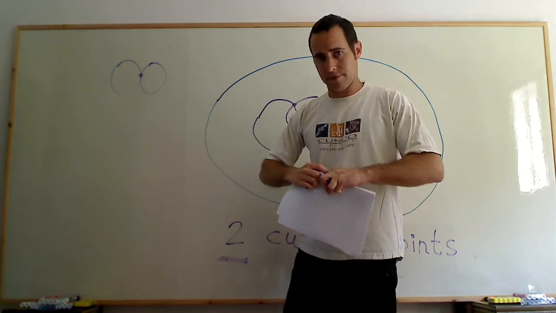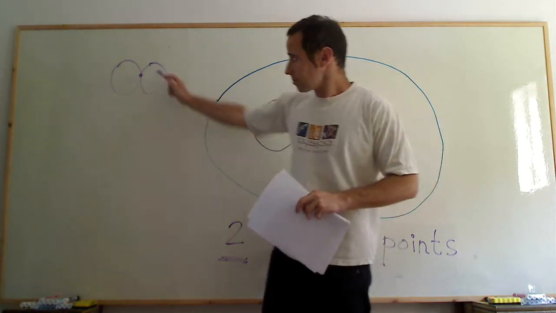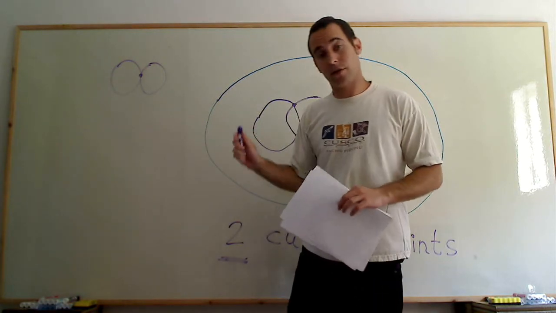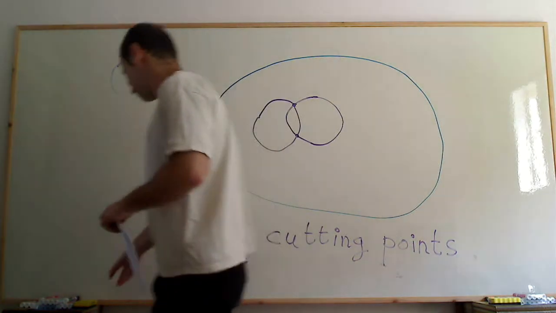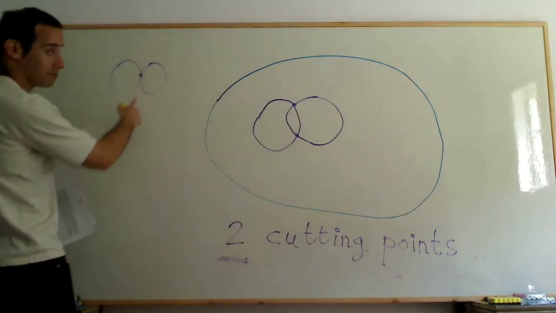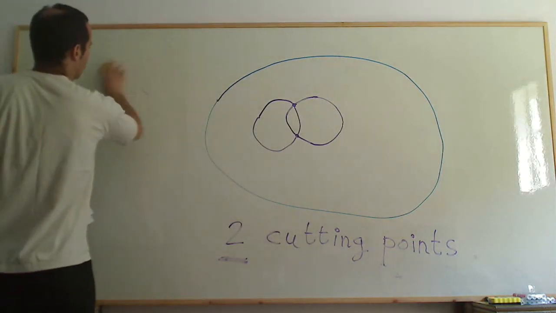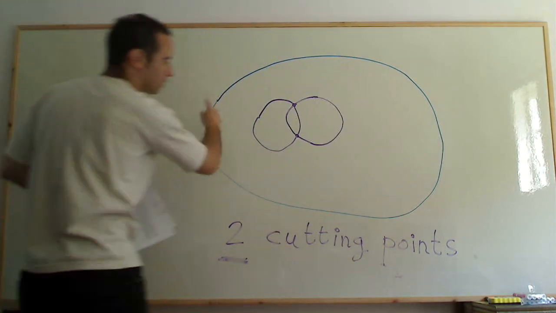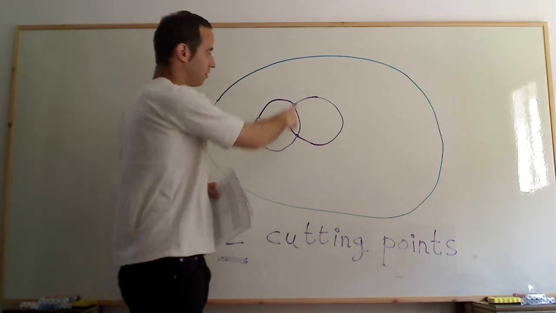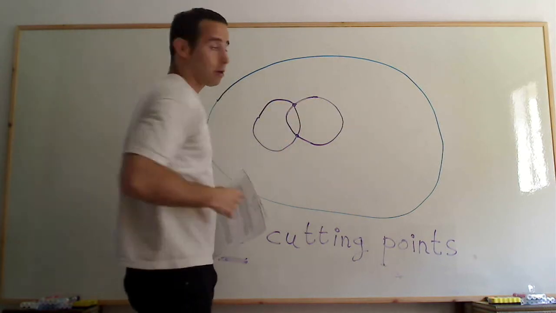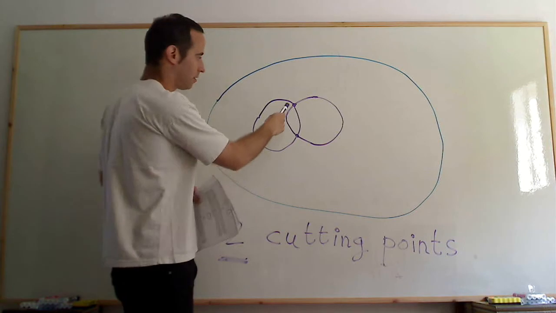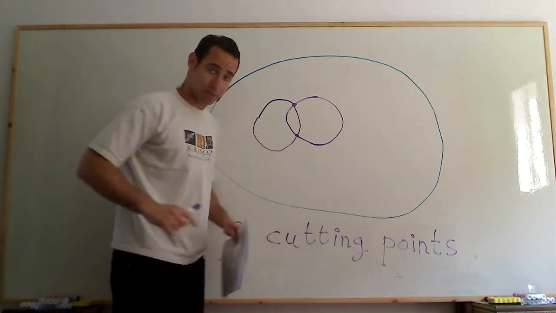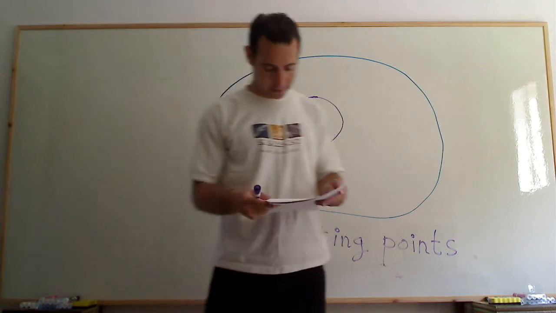Okay, so if it's like this, it's not called cutting. Here we have 0 cutting. So on a simply connected shape, if we have 2 closed curves, they either have 0 cutting or 2 cutting points. Okay.